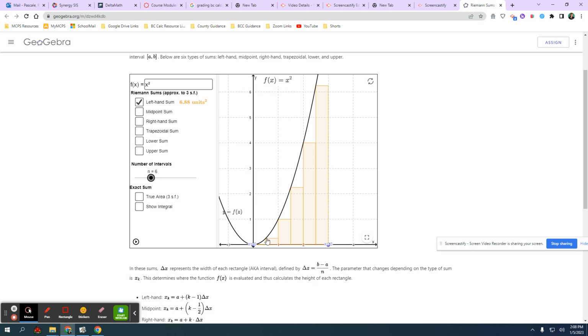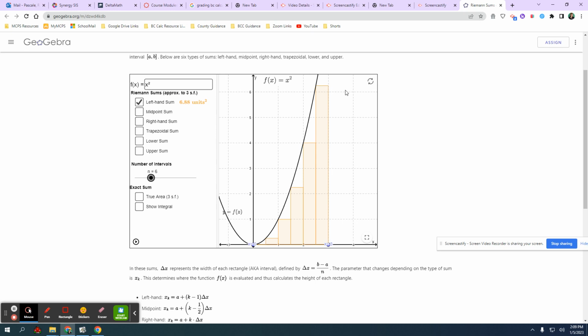We go up to here, find that height. The width was 1/2. Now here, x is that left endpoint. X was 1. Plug it in. 1 squared is 1 times 1/2. Here now we're at 3/2 or 1.5. 1.5 squared is 2.25 times 1/2. So 6 rectangles, find those areas, and if we added them all together, we get 6.88.